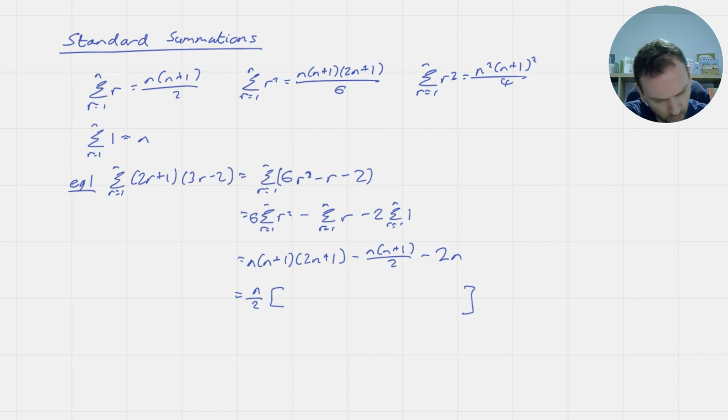So, well, what do we have to multiply n over 2 by to get this first term? Well, we're going to have to multiply it by 2, because we don't want it over 2. We're going to have to multiply it by n plus 1, and we're going to have to multiply it by 2n plus 1. Looking at the second term, what do we need to multiply n over 2 by to get to that?